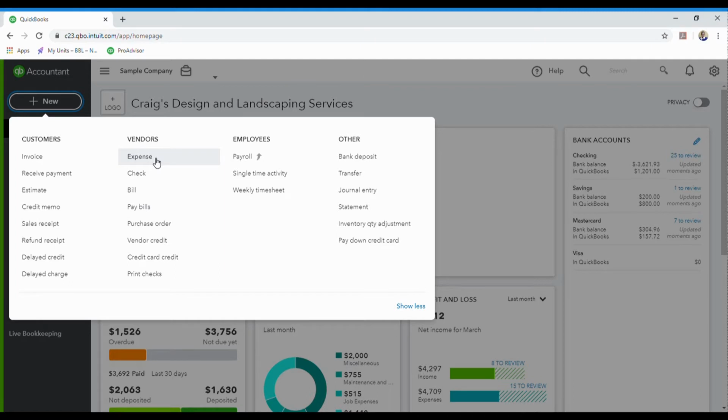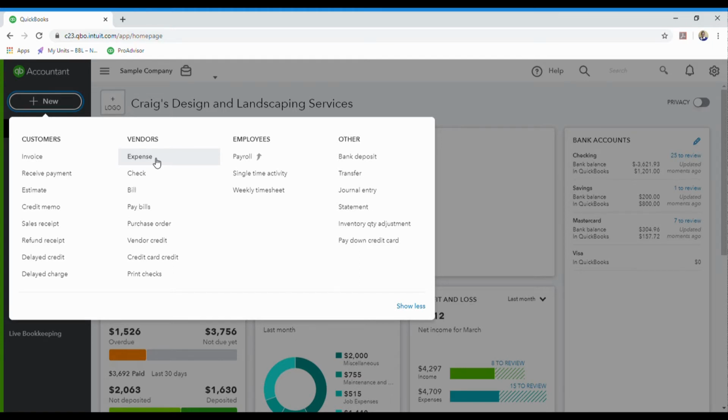Bills and expenses are receipts or invoices that we receive from our vendors, which is people that we buy from, right? So it's just worded differently, but it's basically a receipt or an invoice that you receive from your vendor.